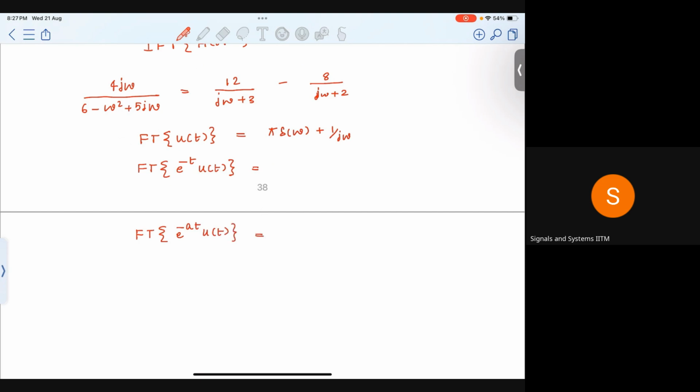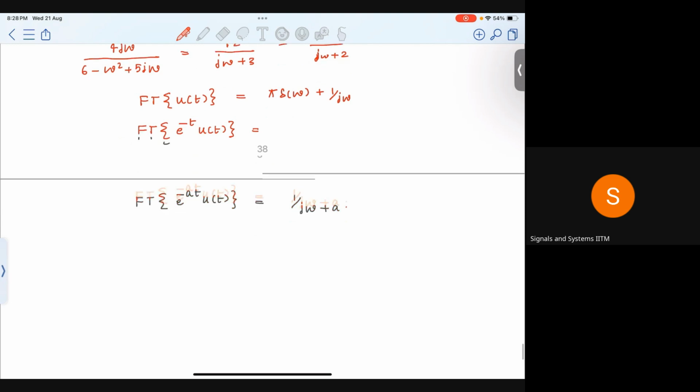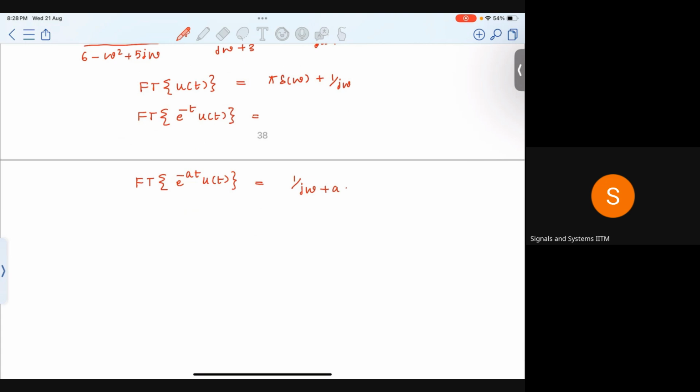What happens to this? This is 1 by j omega plus a, correct? When you face difficulty, instead of remembering the transforms, it's always better to calculate. How do we calculate the Fourier transform? Correct?